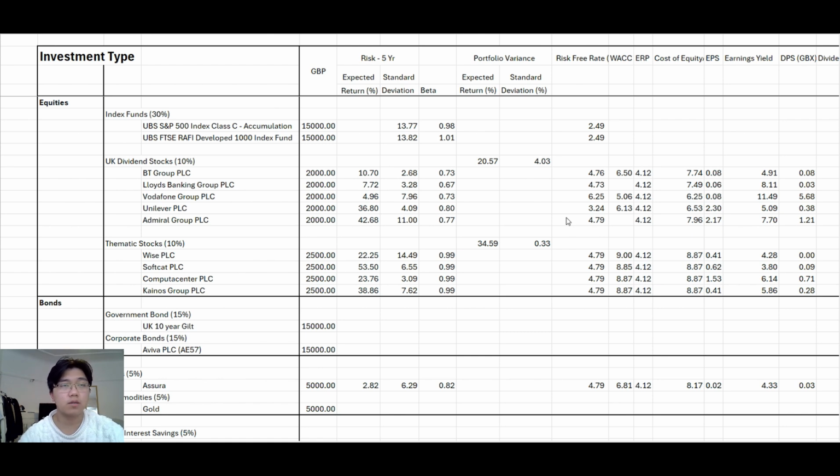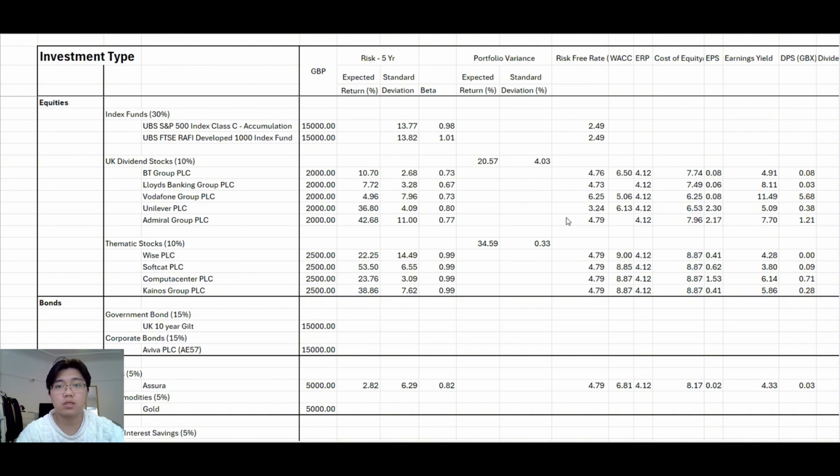Beginning with the equities, firstly are the index funds, which have been allocated 30% of the £100,000, and of the two index funds, I've equally distributed £15,000 each. First is the UBS S&P 500 Index Class C accumulation, and the other is the UBS FTSE RAFI Developed 1000 Index Fund.